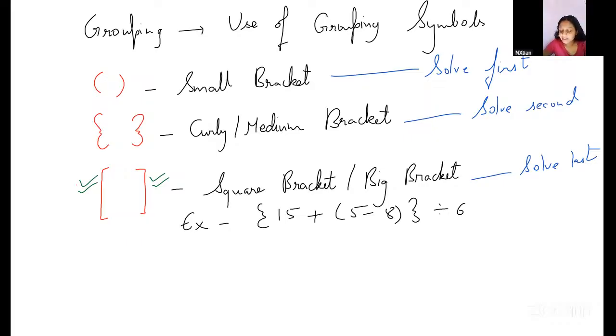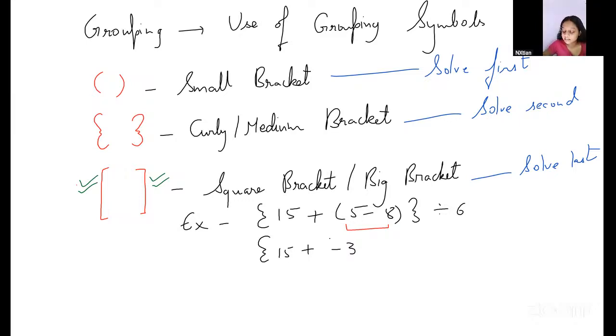Inside the small bracket, I have 5 minus 8. That I will solve first. 5 minus 8 is how much? Minus 3. So I will write 15 plus minus 3. Now, when we solve a bracket, it just gets removed.